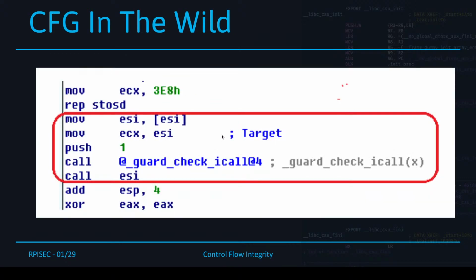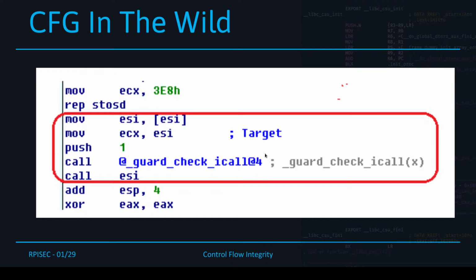And then if we're actually looking at real-world programs, one really easy way to tell if they're using Control Flow Guard is if we see this instruction here. So this call guard check iCall. And then we can also see in the instructions before that, we're going to be taking in an address and we're going to be setting up for this call.